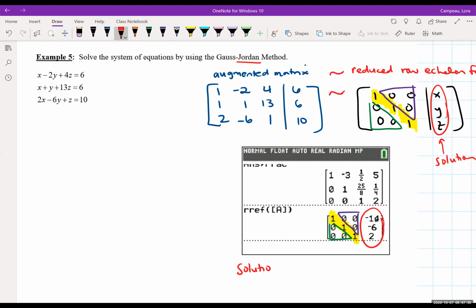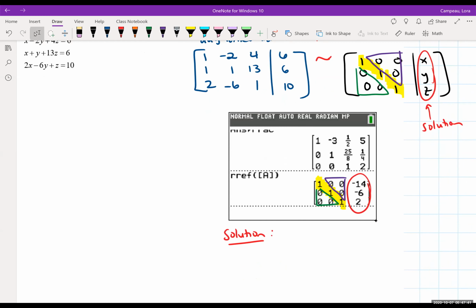Now just be careful with the solution. Remember that the way your matrix is orientated, you do have x equals negative 14. That's where that leading one is. In the second row, the leading one is in the y position, so y equals negative 6.